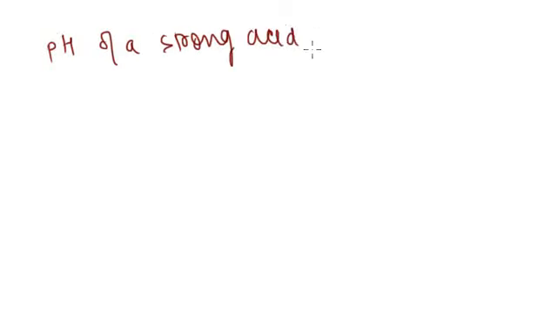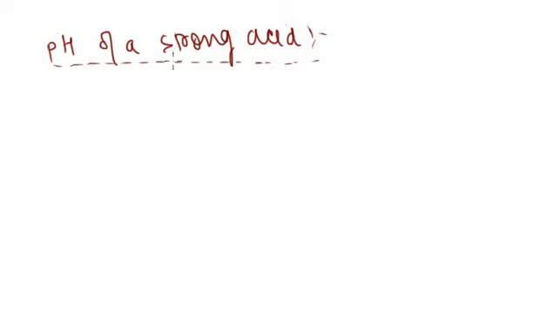So first of all, start with the pH of a strong acid. Whenever we have a strong acid, how do we calculate the pH? Now, what are the strong acids?